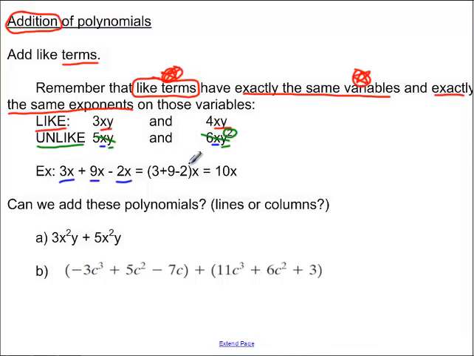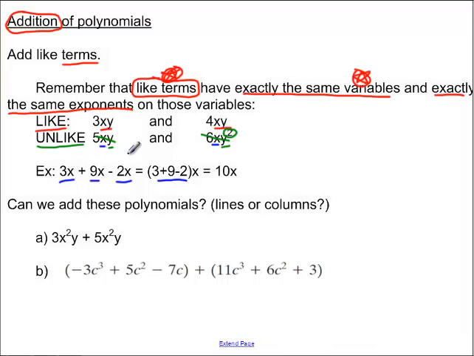Group them together and multiply everything by x. So 3 plus 9 is 12, minus 2 is 10, so that gives us 10 times x. When we add up those like terms, we get 10x, as long as all these x's are the same.